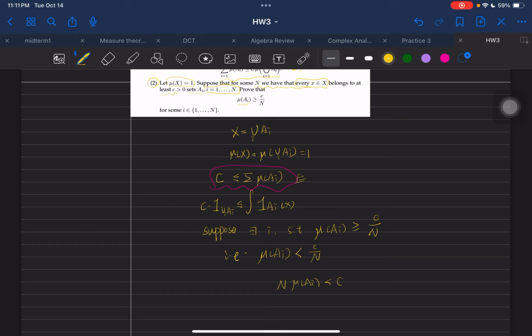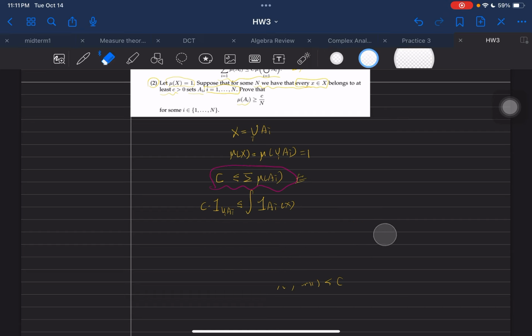And also, I think we can argue by dividing both sides by n. We have c over n is greater than the summation of mu(A_i) over n.